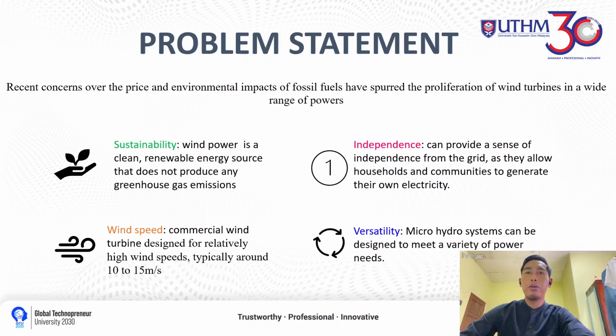Other than that, as we said before, we choose a low speed wind turbine because usually we need 10 meters per second of wind speed, but the low speed wind turbine only needs 5 meters per second.